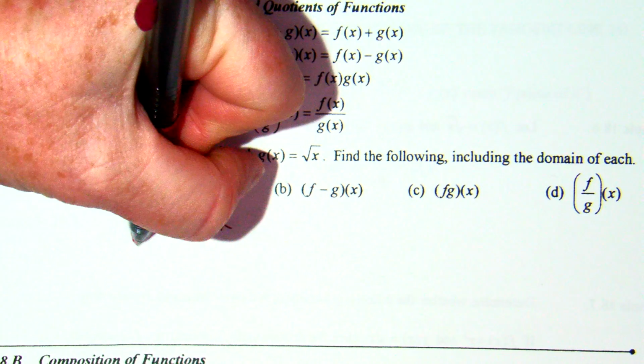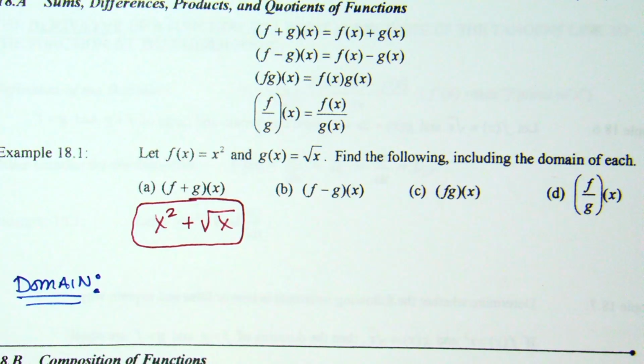But we're also being asked to find the domain. Thoughts on the domain for f plus g? X has to be positive. Why would x have to be positive? Because it can't be negative.